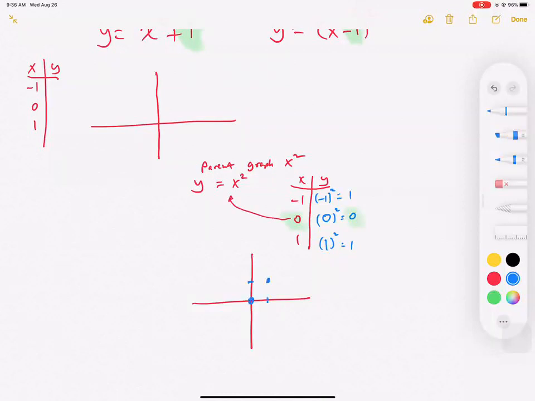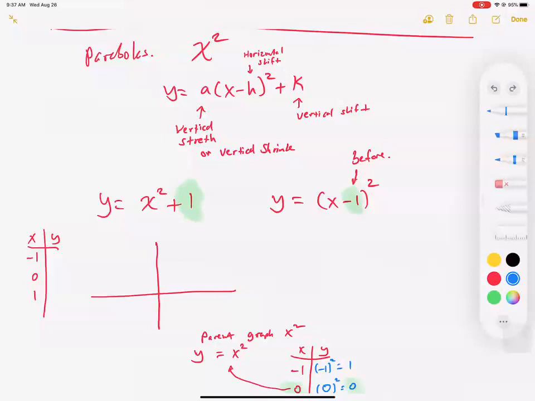And when x is -1, y is 1. And the parabola looks something like this. So we just graphed the basic x-squared graph. And the basic x-squared graph pretty much looked like this. I'm going to graph it on this graph real quick, lightly. And our graph kind of looks like this.